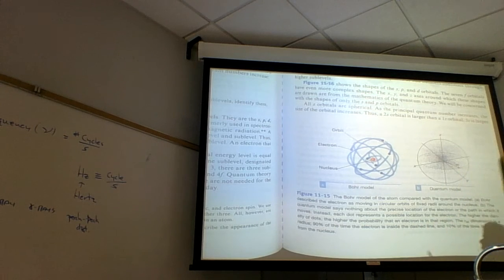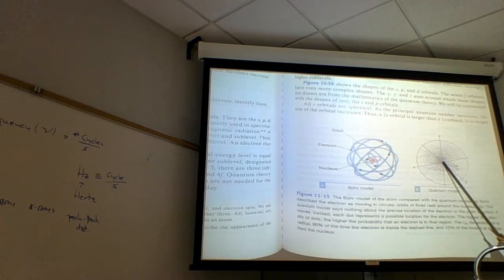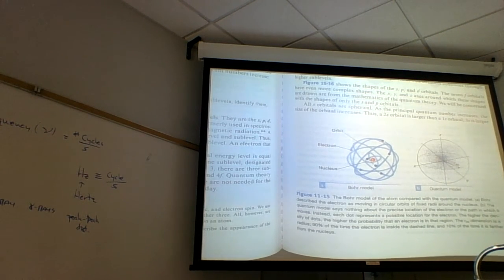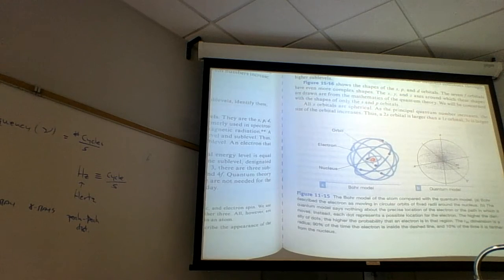Imagine this. Imagine that at the center of this is a bird's nest. So we got a bird's nest. We want to be able to pinpoint the position of the bird around the bird nest. Can you tell me where the bird is going to be 5 minutes from now? That's like the electron. Can you tell me where the electron is going to be 5 minutes from now?